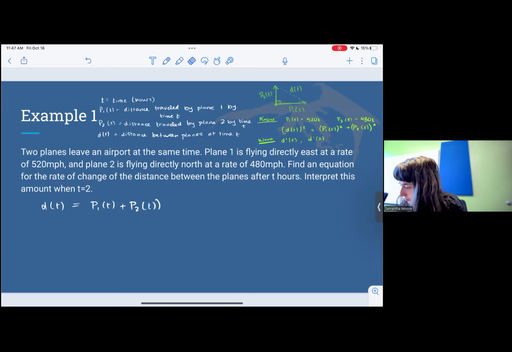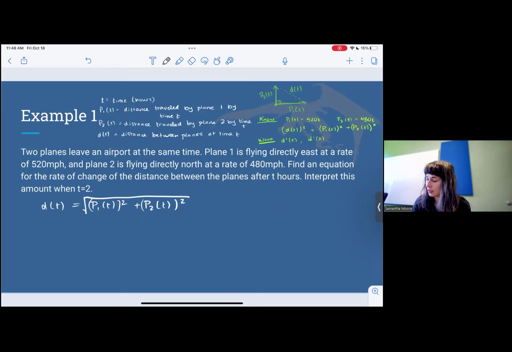So if I want to find d prime, I'm going to go ahead and take the square root of both sides of that equation. So I can say that d of t is really the square root of p1 of t squared plus p2 of t squared.